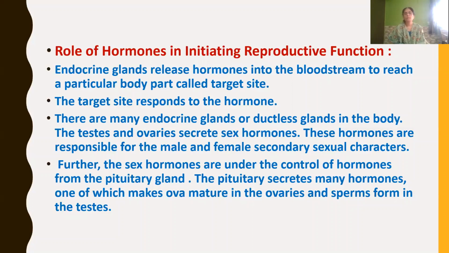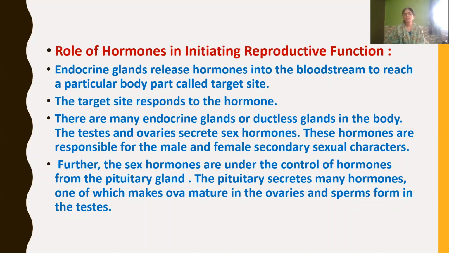The testes secrete the male sex hormone called testosterone, and the ovaries in females secrete the female sex hormone called estrogen. These sex hormones are responsible for the male and female secondary sexual characters. Further, the sex hormones are under the control of hormones from the pituitary gland. Isn't it? The pituitary gland controls all the other endocrine glands. That is why we call the pituitary gland the master gland.